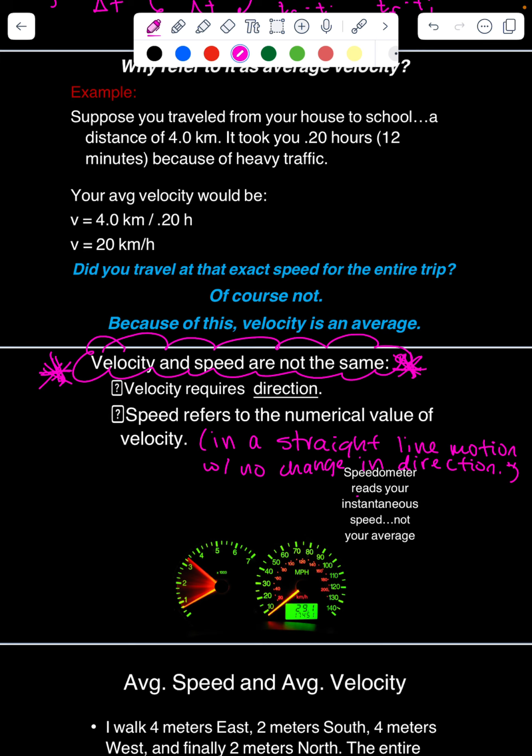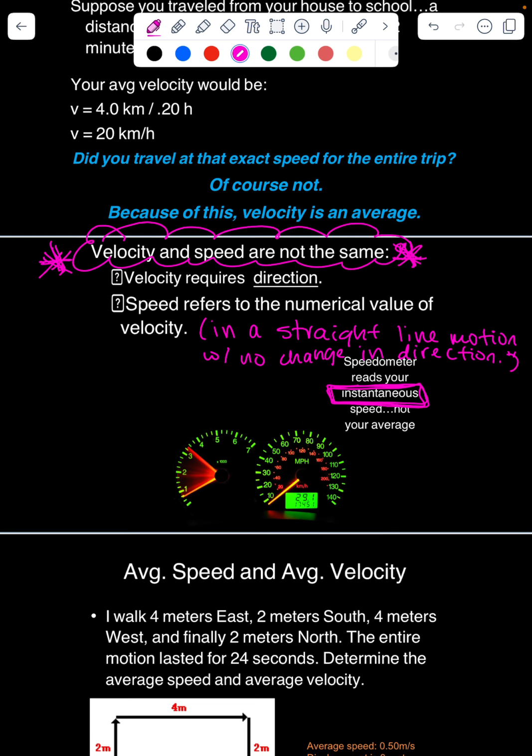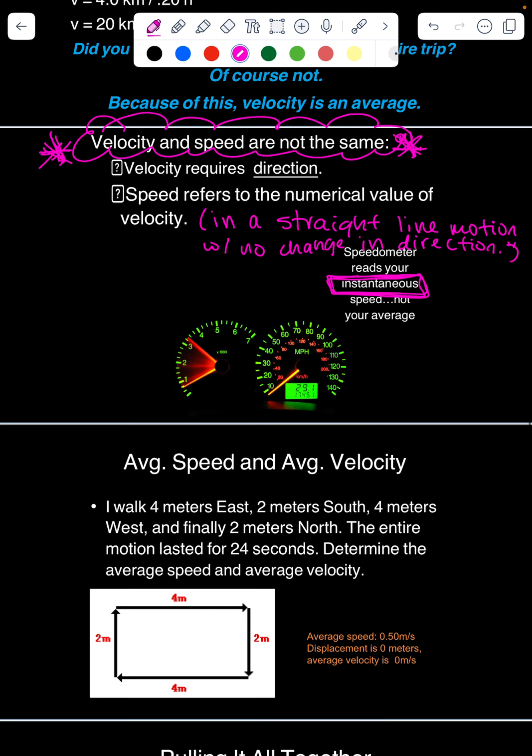It's going to be our instantaneous speed, or our instantaneous velocity if we were to add a direction to it. That is the speed that we are going at that exact moment. So average speed and average velocity: this is looking at the differences between the two.